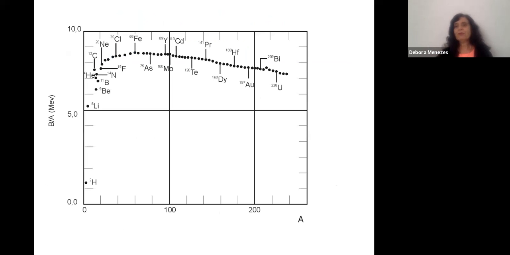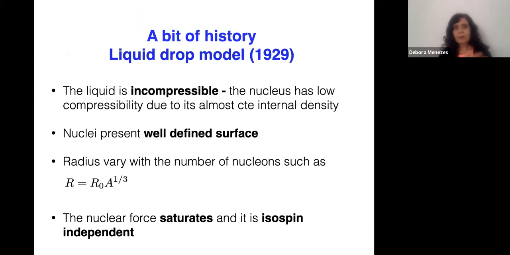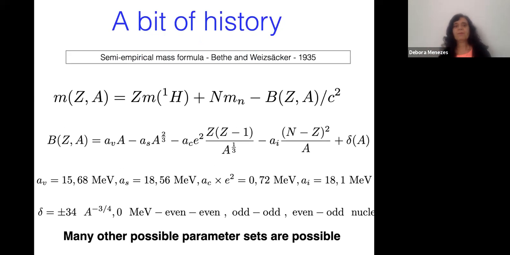So how to adjust it? There is a prescription, which is quite simple, that says that the binding energy is proportional to A, and then minus another term proportional to A to the 2/3, and so on. I will talk about each of these terms.